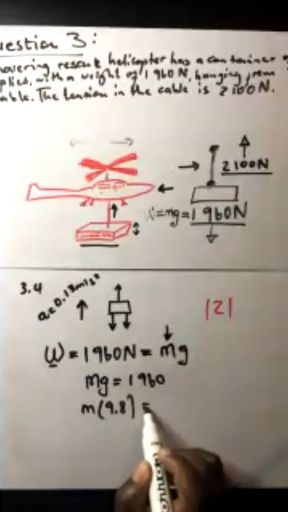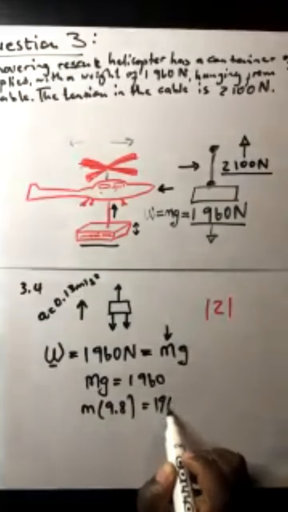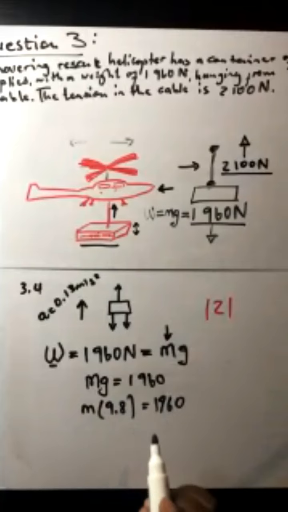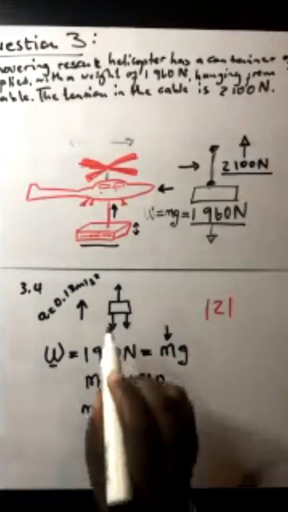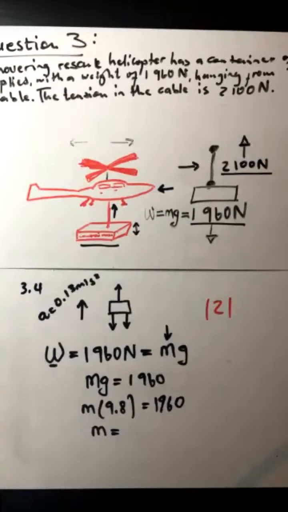Therefore, we know m is what we're trying to calculate. We know g is equal to 9.8. Then we can just substitute and calculate. Guys, what is the mass of that container? It's 200 kg.